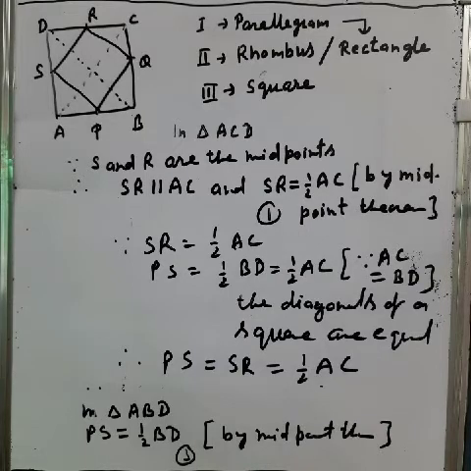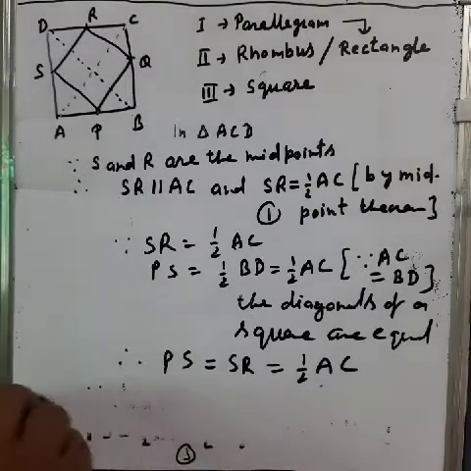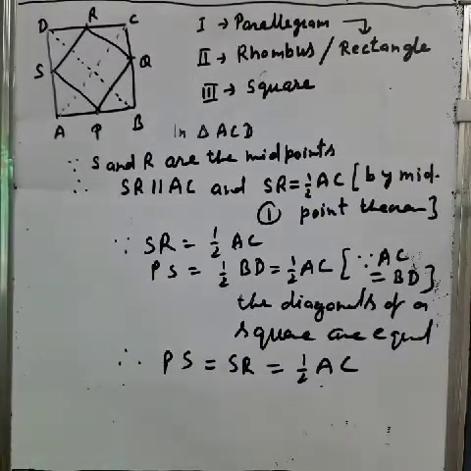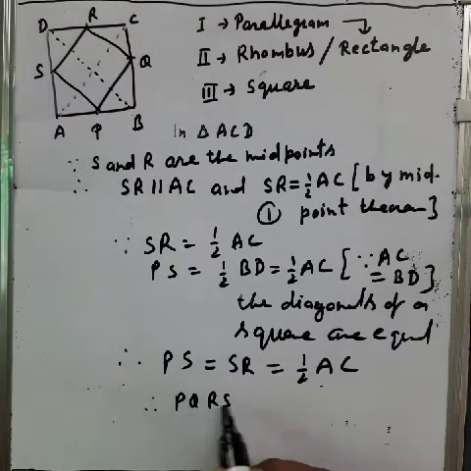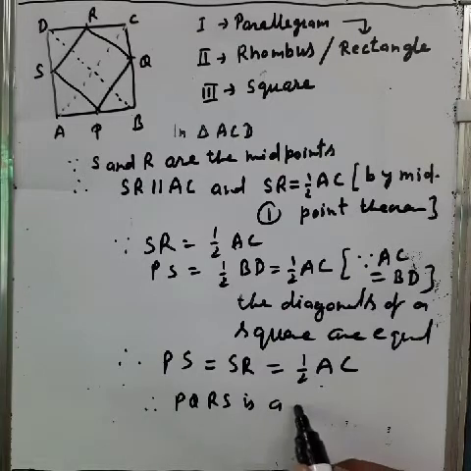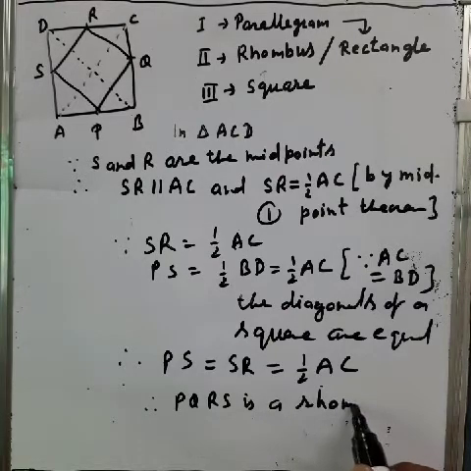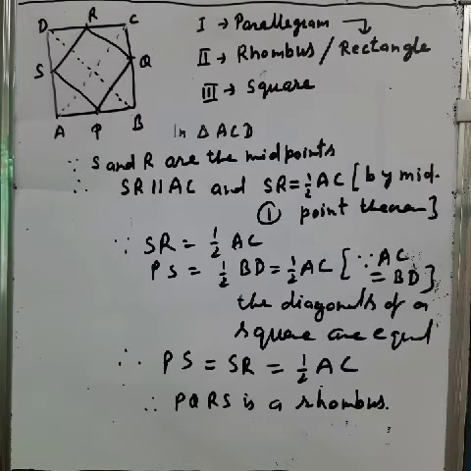That is why. So PS equals SR means adjacent sides are equal, and if you are able to prove adjacent sides are equal, then we will write hence second step we are proving. So hence we can say PQRS is a rhombus. If you have to prove it is a rhombus, in that case second step is this only.